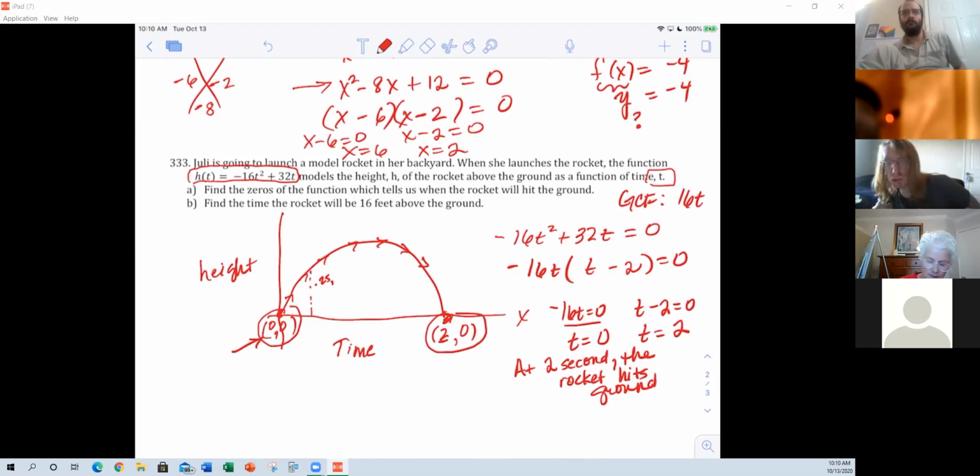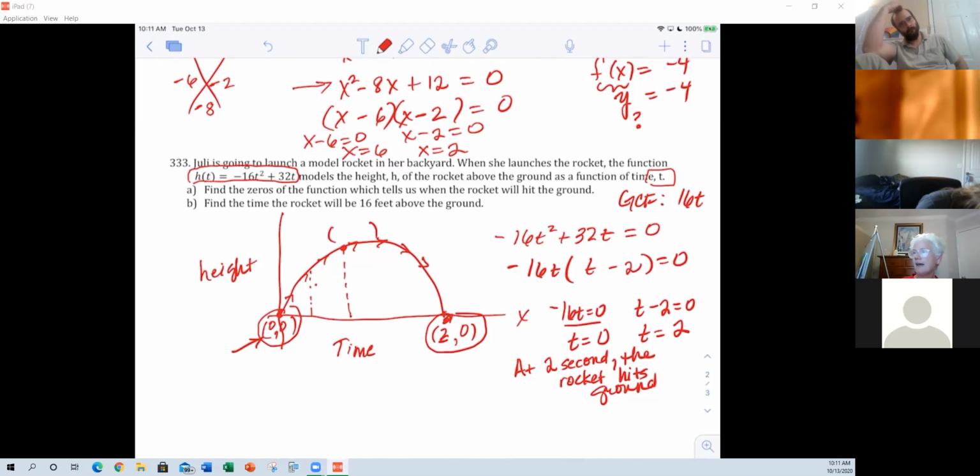So we'll say maybe the rocket is 14 feet above the ground. I totally made that up and it's totally wrong. But I'm just trying to show you what they're asking us for. So what are we going to do? We want to know when the rocket is 16 feet above the ground.